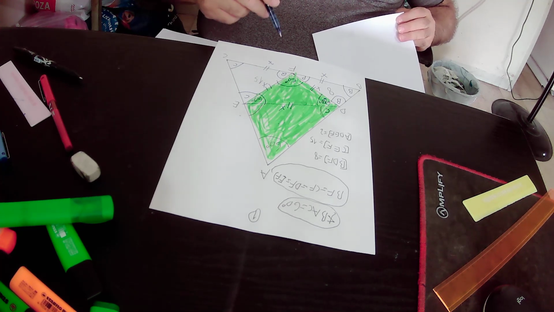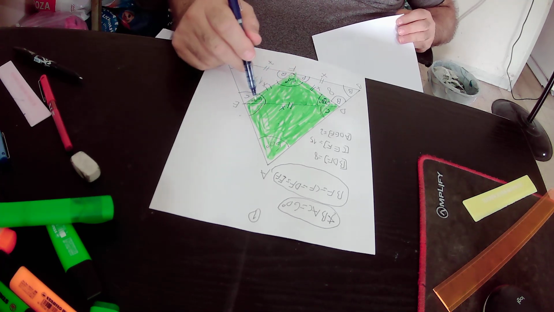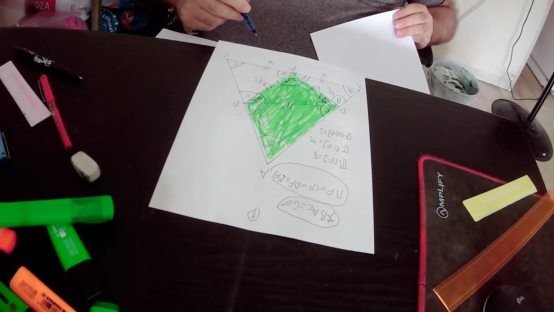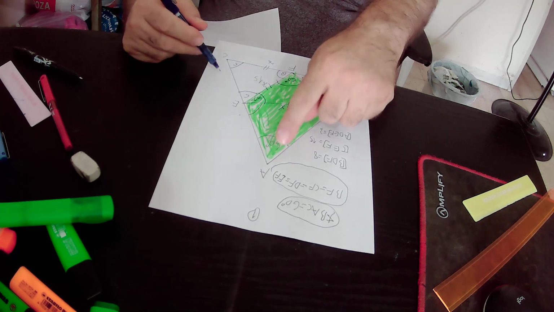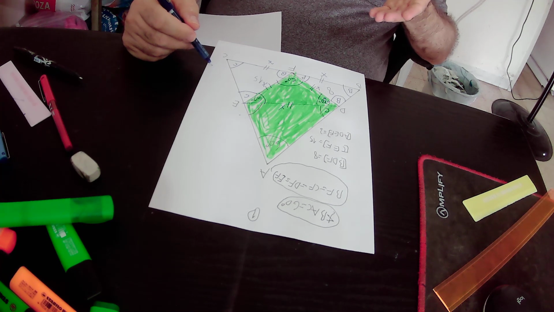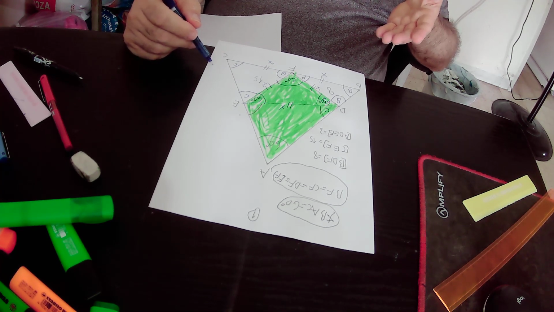We will focus on triangle ADE because we want to find the value of angle AED. We know that side AC is a straight line. It is actually a side of triangle ABC.